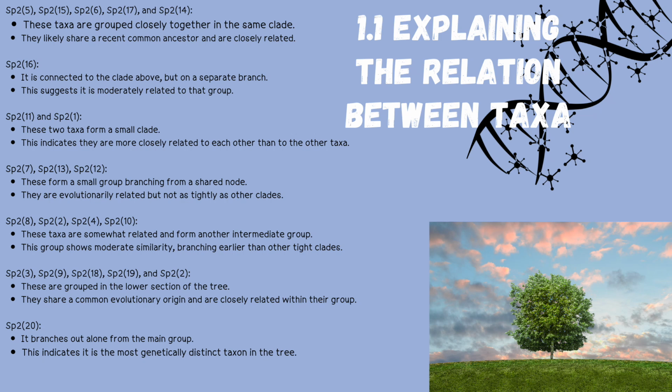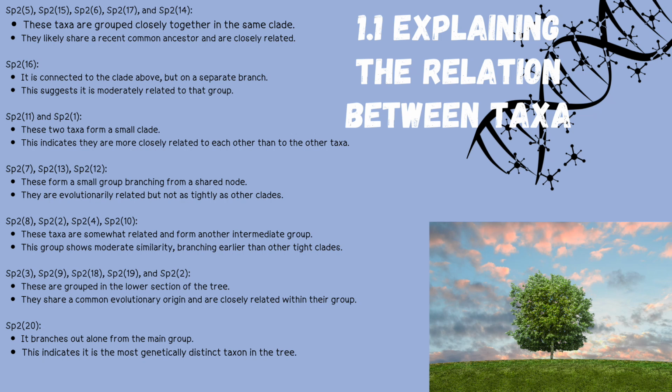This indicates it is the most genetically distinct taxon in the tree. Taxa that are clustered together are most closely related. Longer branch lengths or isolated positions suggest more genetic divergence.